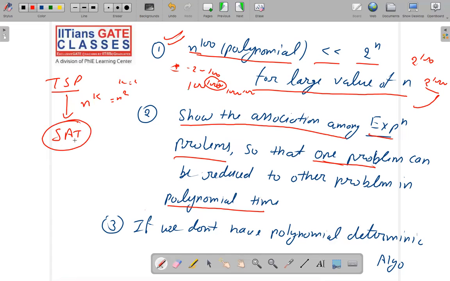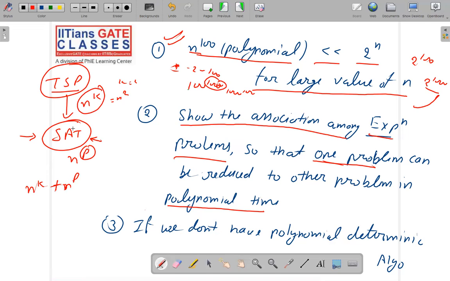Now, if everyone focuses on the SAT problem and tries to solve it in some time, for example, n raised to power p, where p is also constant, then solving TSP will take n raised to power k plus n raised to power p. I will take n raised to power k time to reduce TSP into SAT, and SAT is already solved with n raised to power p, right?